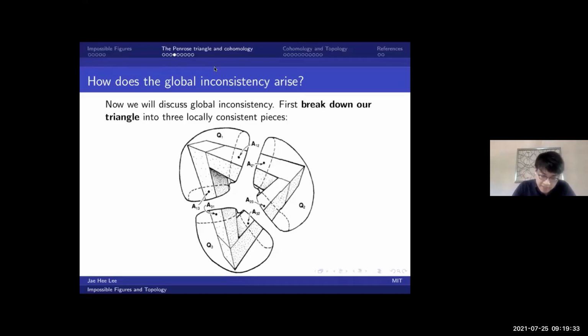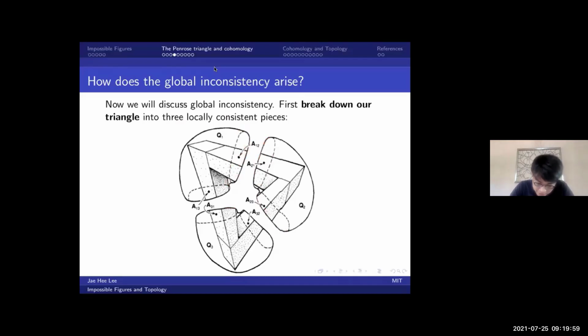And the key is that each partial image of the Penrose triangle, if you look at it, is a locally consistent piece. So it looks like a projected image of an actual existing object, right? So I've broken down the triangle into three pieces, and you can see that the pieces kind of overlap. You have this kind of overlapping region.